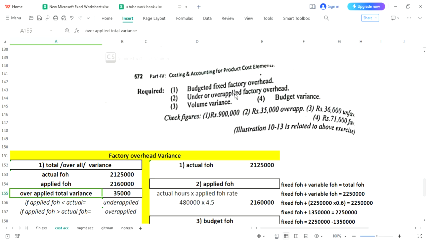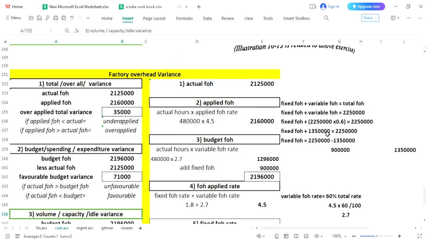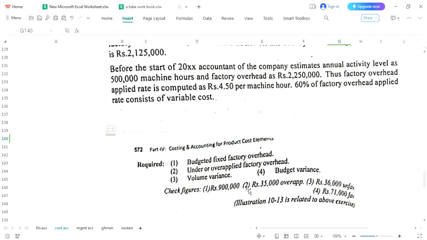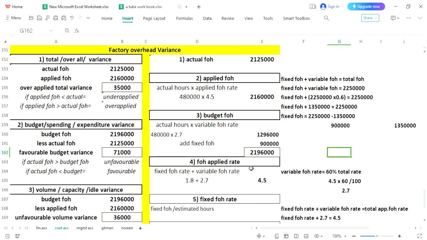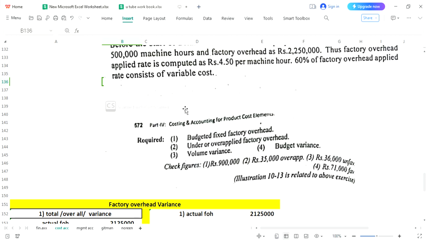First was budget fixed FH, and you have calculated budget fixed FH over here. You can see 9 lakh. So 9 lakh is mentioned over here, budget fixed FH, okay. Under over applied 35,000. You can hear under over applied. So over applied 35,000 is mentioned over here. So our second answer verified 35,000.